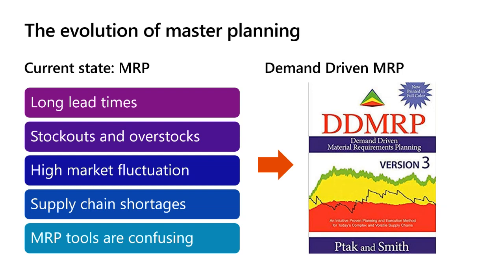That means in some specific points of your supply chain, you're going to place an inventory buffer that you will replenish and control. And it has proven to help with all these problems. The knowledge center for the DDMRP methodology is the Demand-Driven Institute, and Dynamics is compliant with it. At the end of the presentation, you'll find a link to their website that you can always use to learn more about DDMRP.